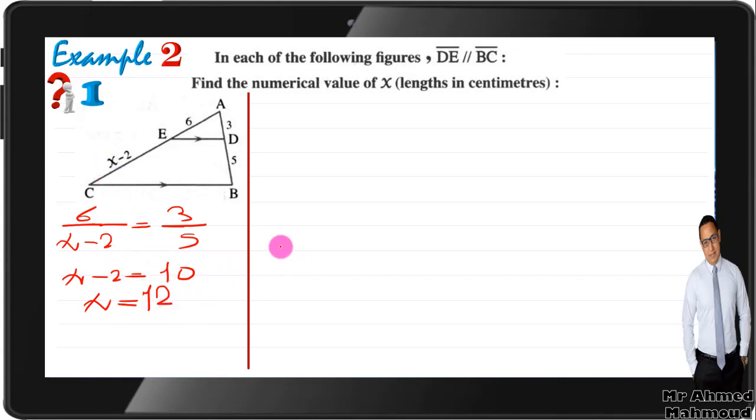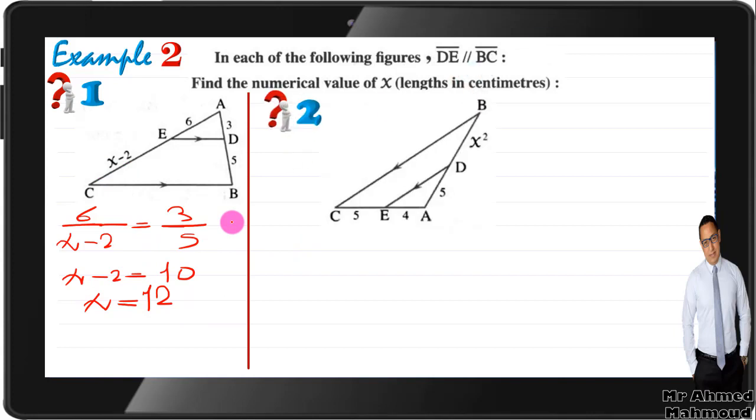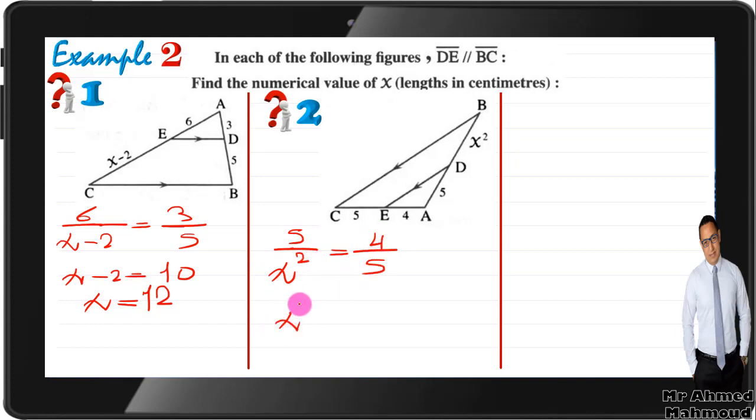X here equals 12. The other, here x to the power of 2. Here DE is parallel to BC, so 5 over x squared equals 4 over 5. So x squared equals 5 times 5 over 4 equals 25 over 4.